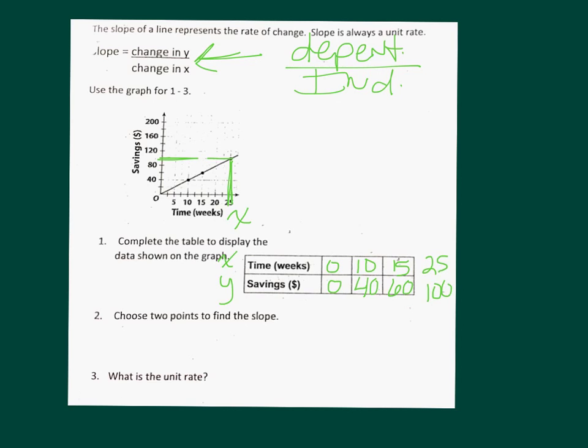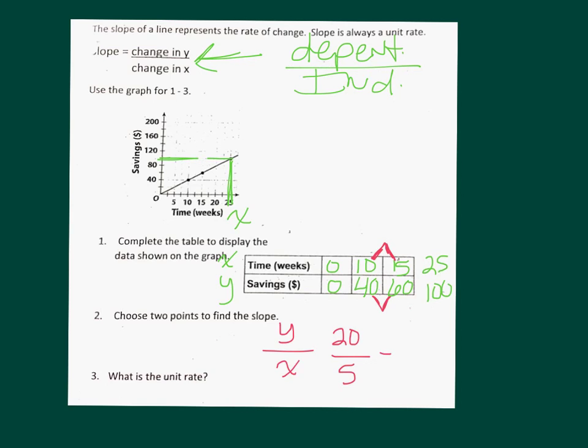So I'm going to choose different points to find the slope, and remember I'm looking at the y over the x. So I'm saying how much does this change, the savings, compared to how much this changes in the time. The savings, the difference between 40 and 60 is 20. On the x, the difference between 10 and 15 is 5.